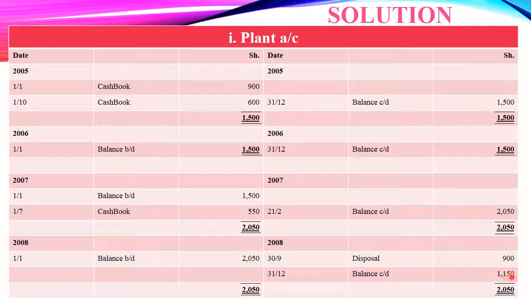So the 1,550 here, this is the value of assets that are remaining at the end of the period. So as at 31st of December 2008, we have the value of assets as 1,150.